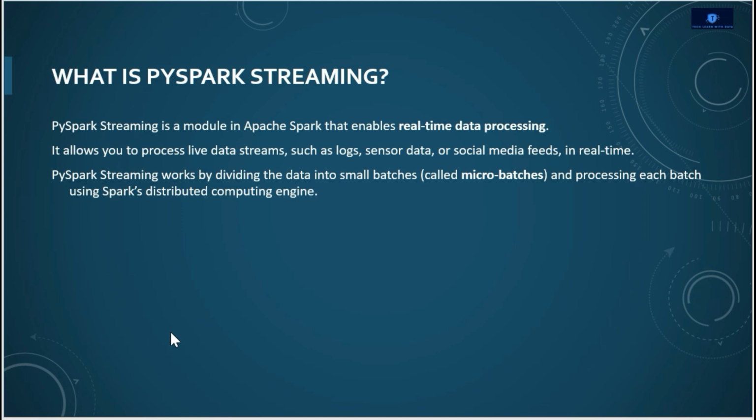For a real example, you can take the stock market, where you can capture real-time data: what is the current situation of the open stock market? PySpark streaming works by dividing the data into small batches, which are also called micro-batches, and processing each batch using the Spark distributed computing engine.